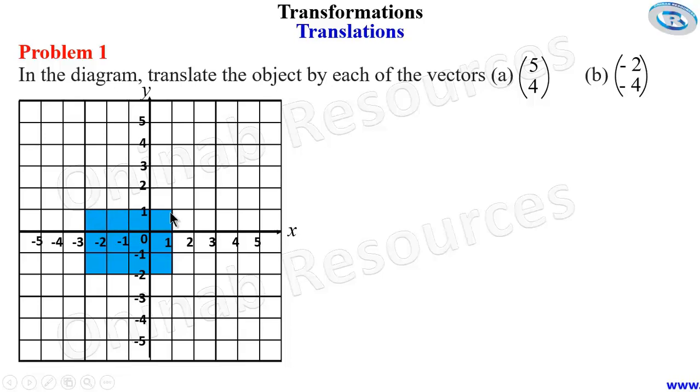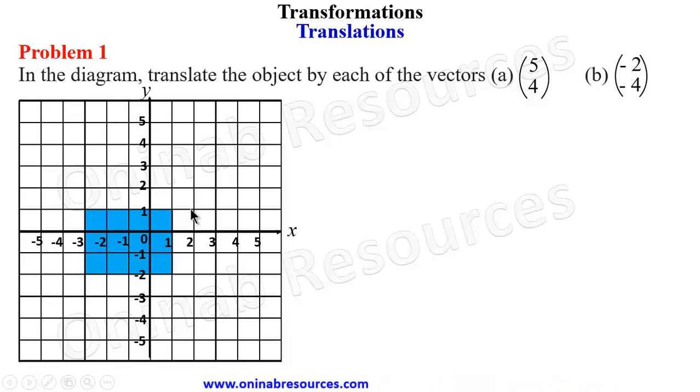For your information, we just need to pick one of the vertices of the rectangle and move it 5 units to the right because it is positive, and then 4 units upward because it is also positive. So we are picking this vertex.